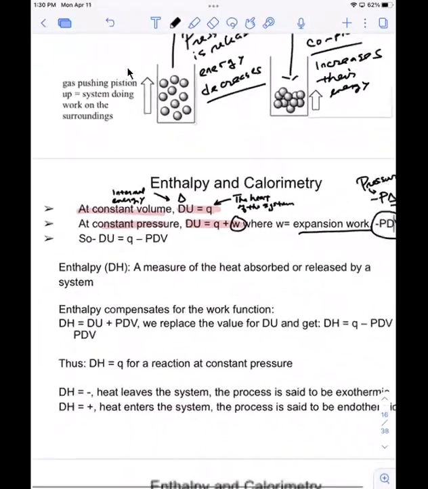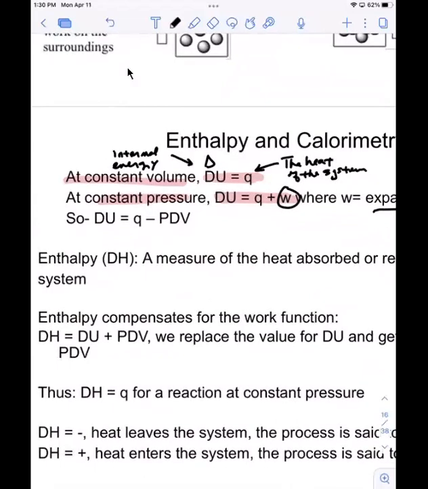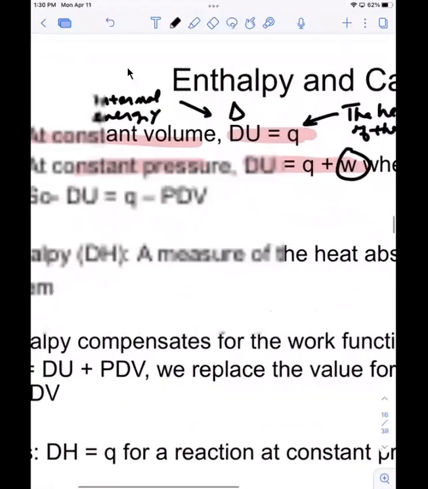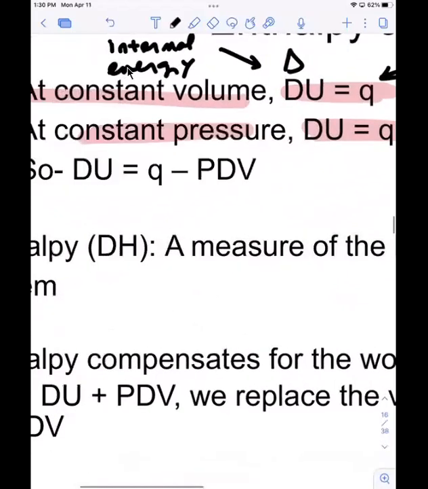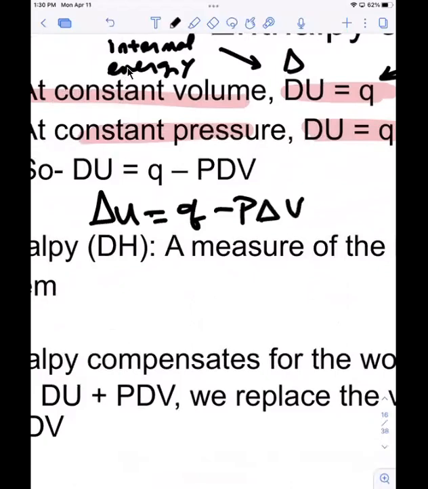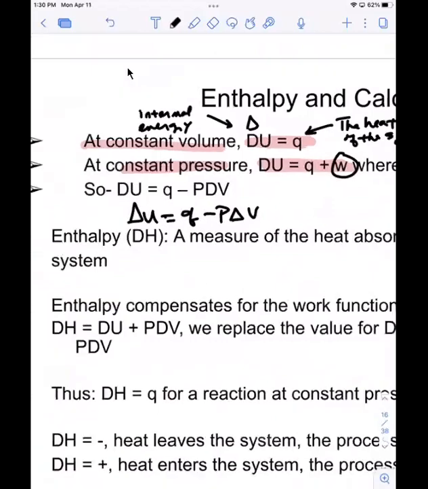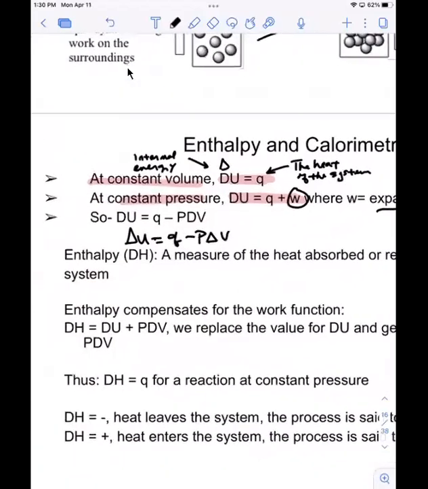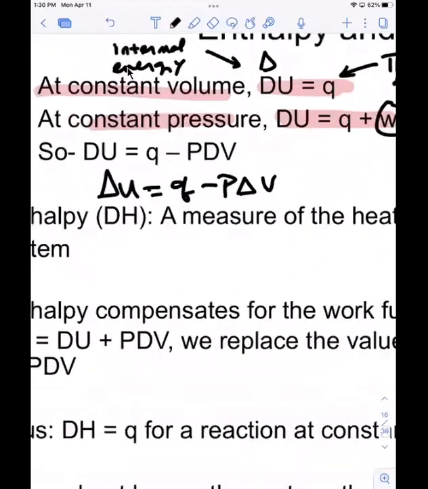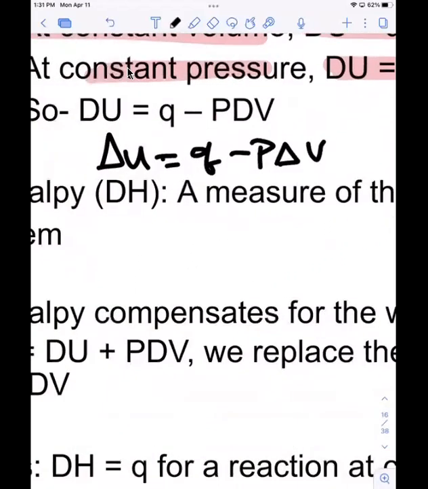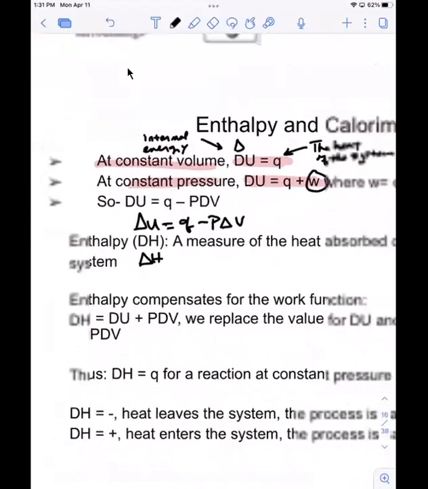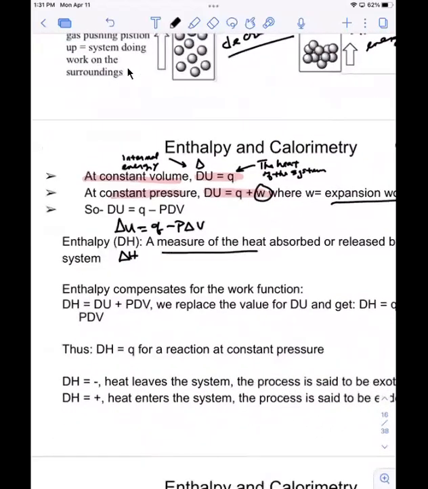All right, so now we have another expression, right? So delta U, or the change in the internal energy of the system, is Q minus P delta V. So that's another relationship. At constant pressure, that's what we think about. So when we think about how this relates to delta H, which is the enthalpy, and enthalpy is a measure, again, of the heat that's either absorbed or released by the system.